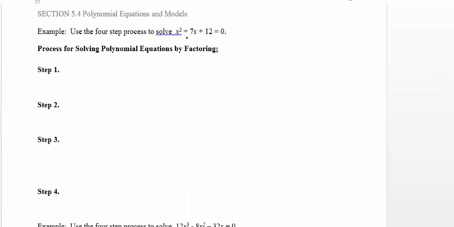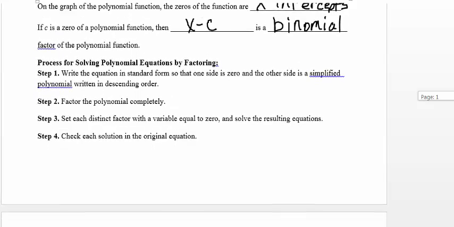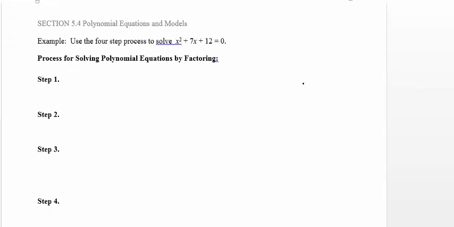So let's use this 4-step process to solve x squared plus 7x plus 12 equals 0. Step 1 is to write the equation in standard form. Well, this equation is already in standard form, so I'll just recopy it. x squared plus 7x plus 12 equals 0.